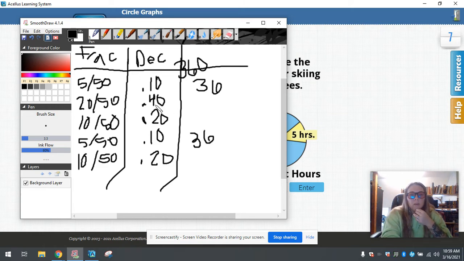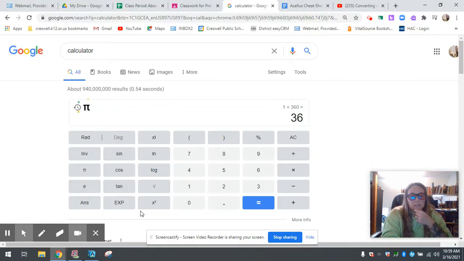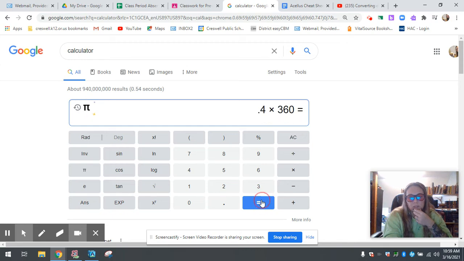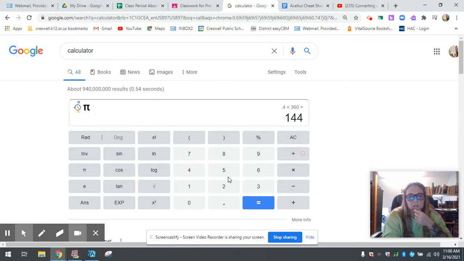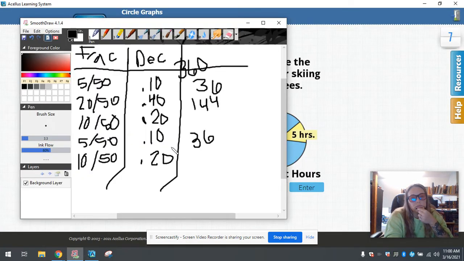Okay. 0.40 times 360 is 144. 0.20 would be half of that. 72. And that one's 72 as well. Okay, so now I have my degrees, and if I add those up, you would get 360 again.